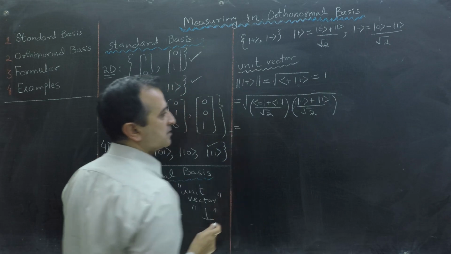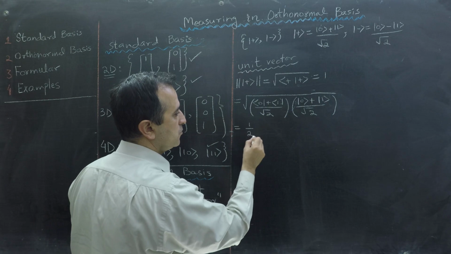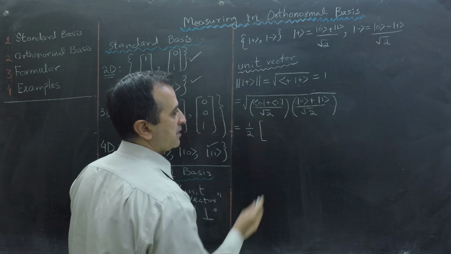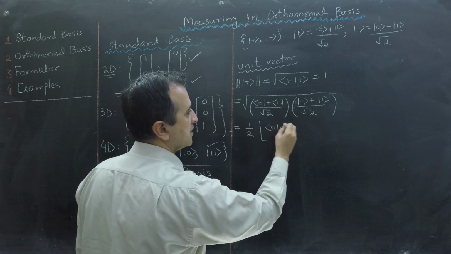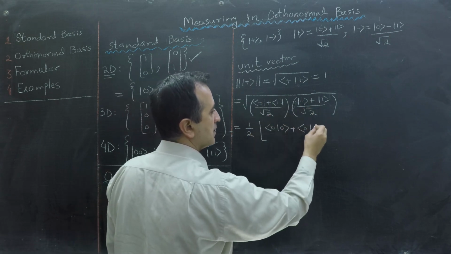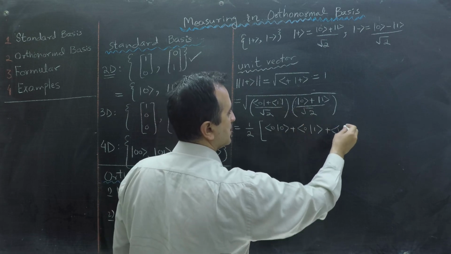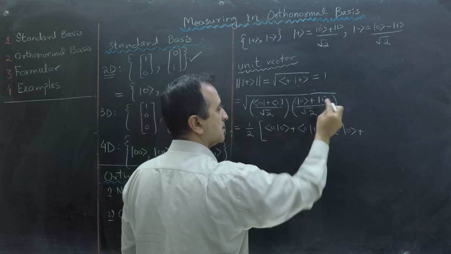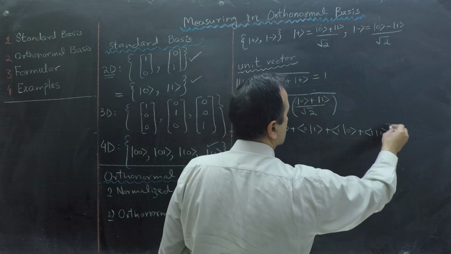We solve it further, so we will get 1 over 2. Let's take 1 over 2 out, and then inside I will get bra 0 ket 0 plus bra 0 ket 1 plus bra 1 ket 0 plus bra 1 ket 1.